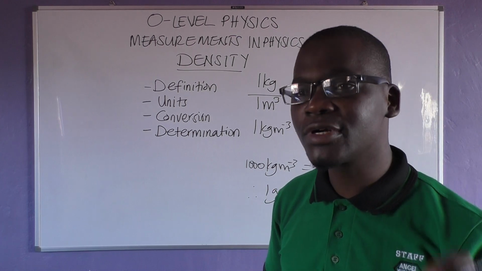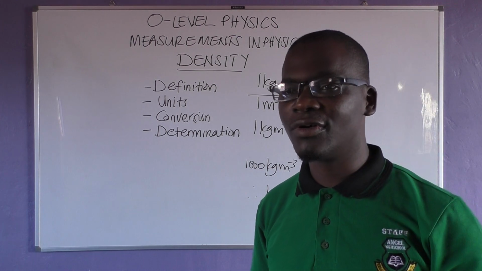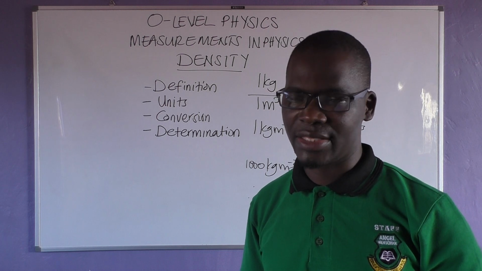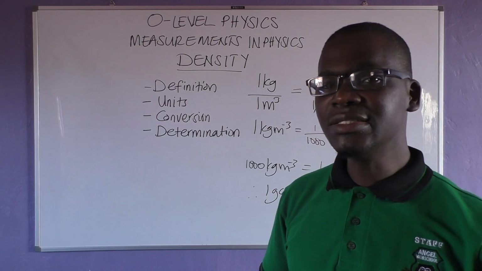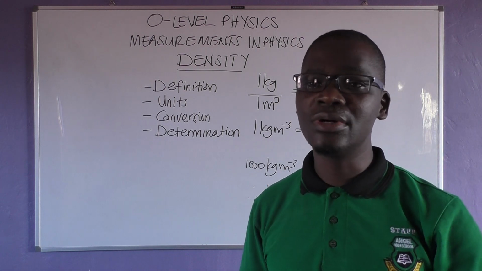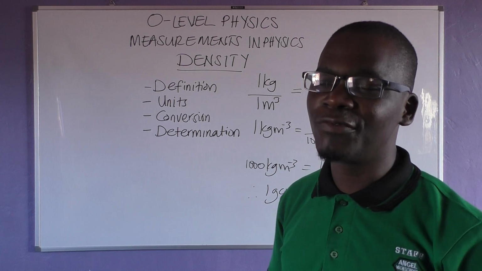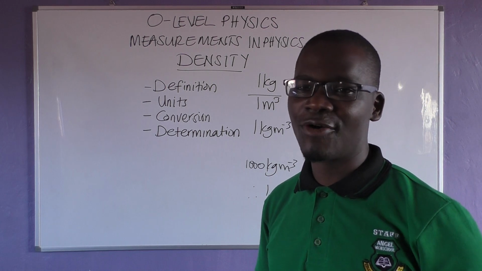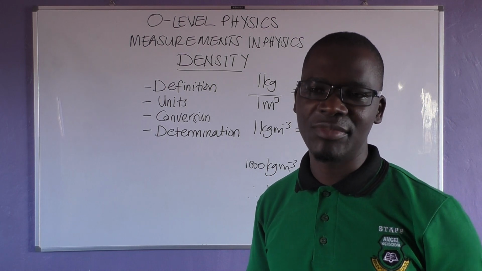Then the volume of water plus the volume of milk. So I get the density of the mixture as the total mass of the two over the total volume of the two. That is how we get density of the mixture.